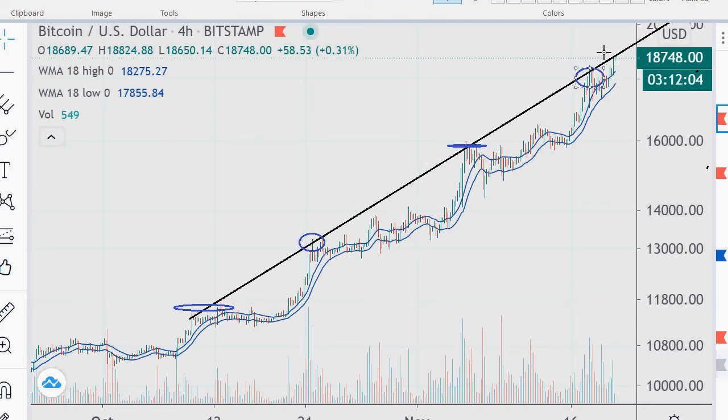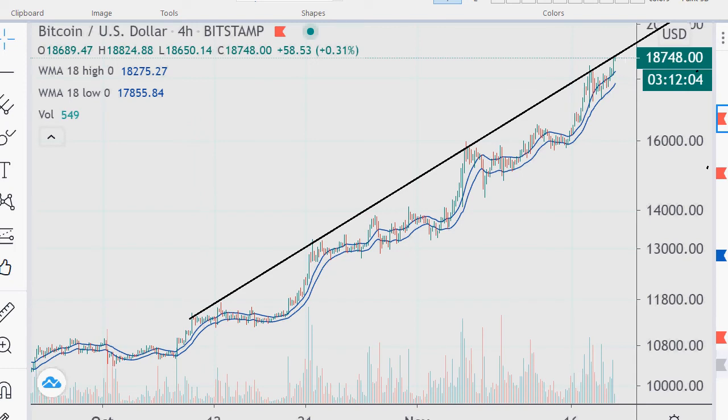The 4th pullback, and I guess this is now number 5, or collectively 4. It's still yet to break above it, but if it does, we could possibly see a significant upside move. But that's number 2.